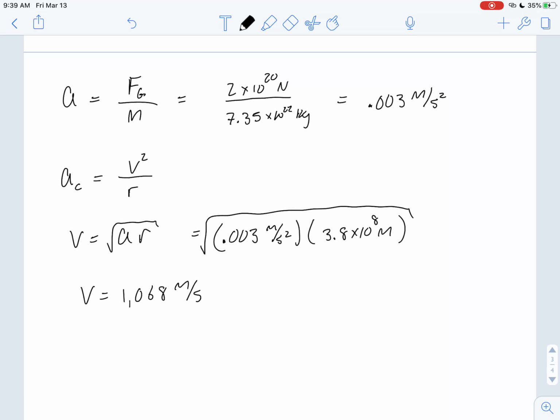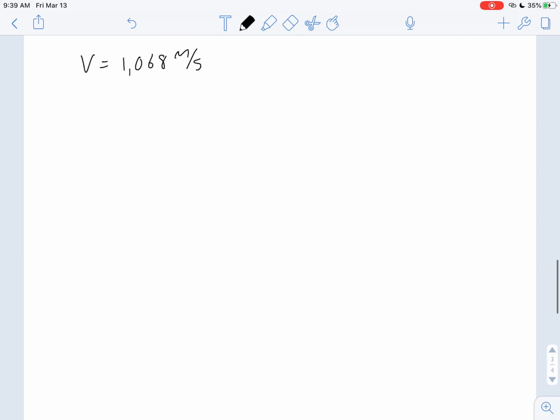Okay, last thing to do is find the orbital period. It takes about 27 days for the moon to orbit the Earth, and so we're going to hope to find something similar to that. So to find orbital period, remember we're assuming this is a perfect circle, so we can use the velocity we just found and set that equal to, we'll just say average velocity is some distance over time.